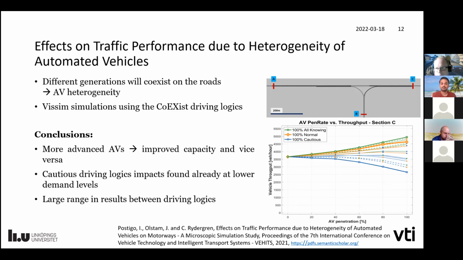On the other hand, we can also think that it's nice to have increased safety by a cautious driving style, which might reduce capacity, and that would probably be the case also if all human drivers would keep the gaps that they would need to be safe in every situation.